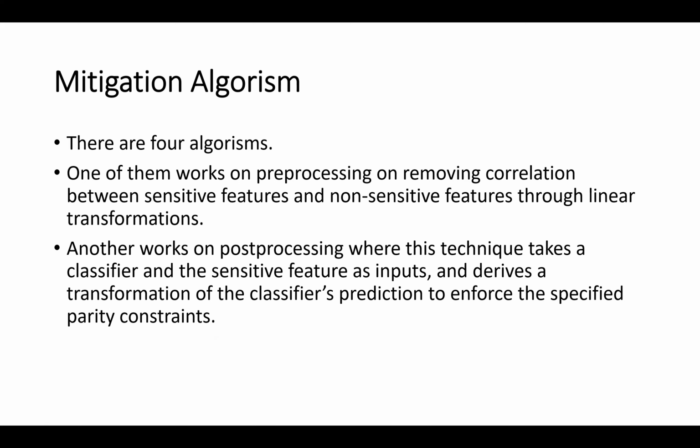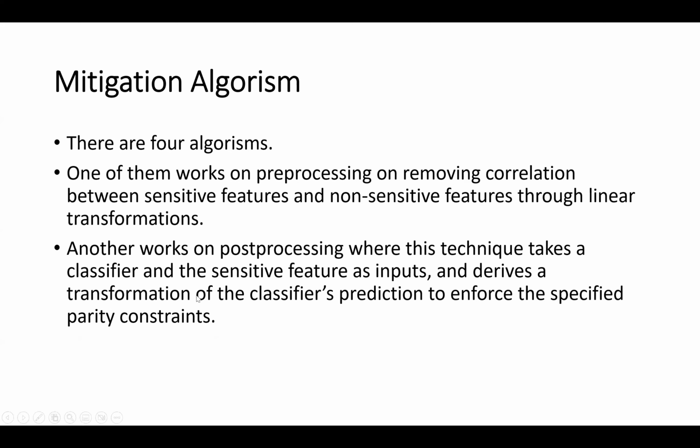Okay, so one more time, the mitigation algorithm for post-processing, which is model performance: they take the classifier and the sensitive feature as an input to mathematical equations. Then they try to play with the prediction of the classifier, to make the prediction, the output of this algorithm, fair.